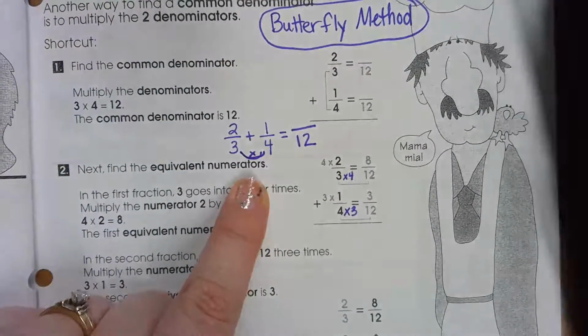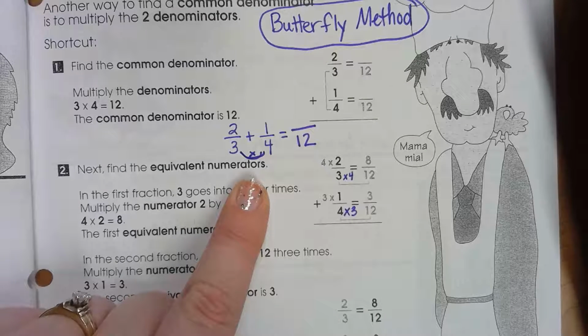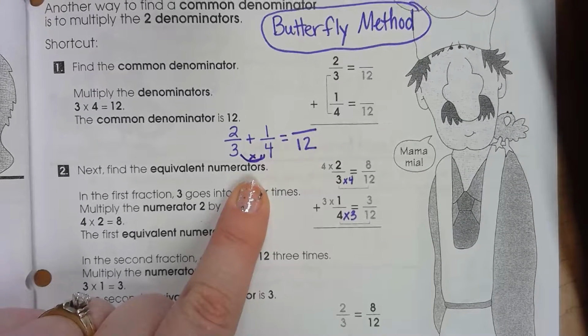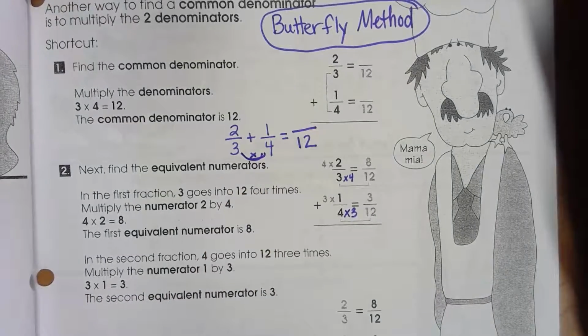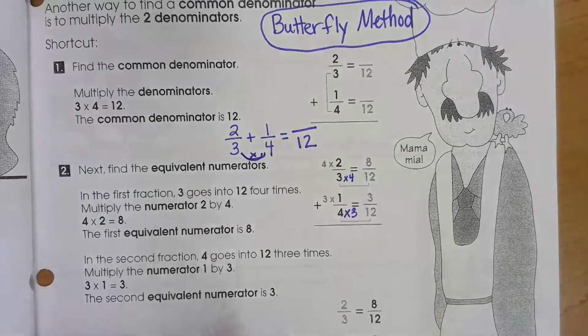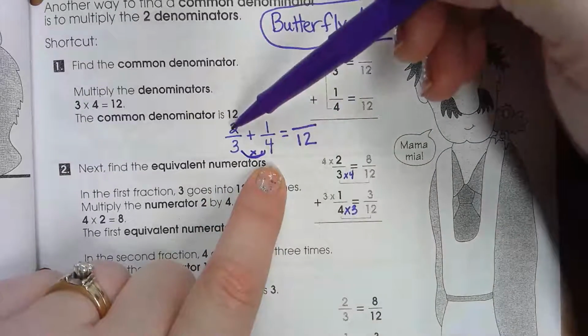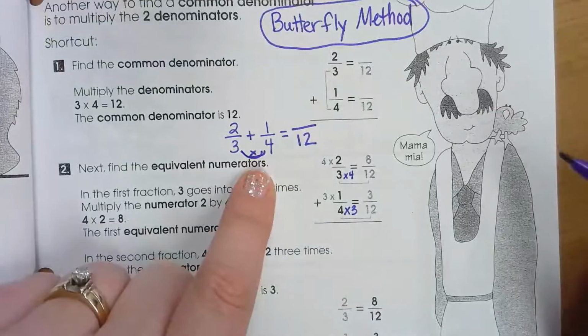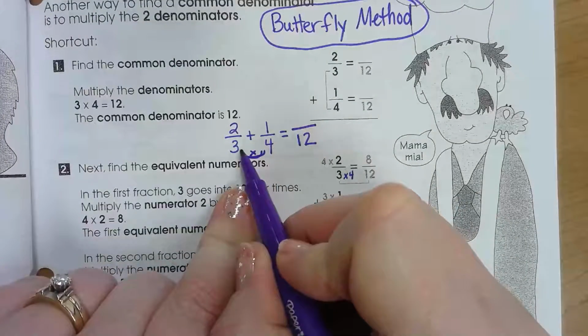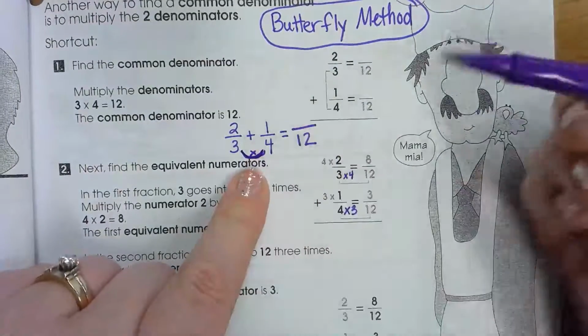And if you recall, maybe a couple weeks ago, we worked on finding which fraction was greater. We compared the fractions. And we did that by cross multiplying, right? Well, the reason why that worked was because of the butterfly method.